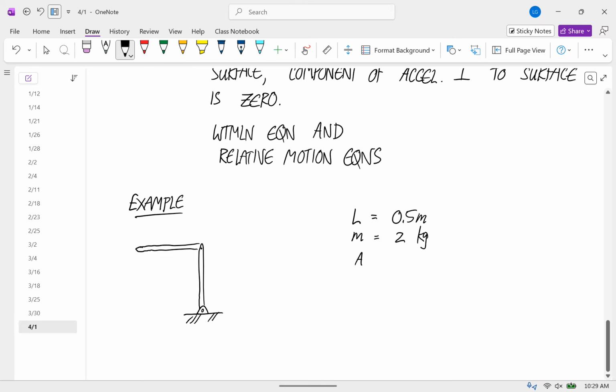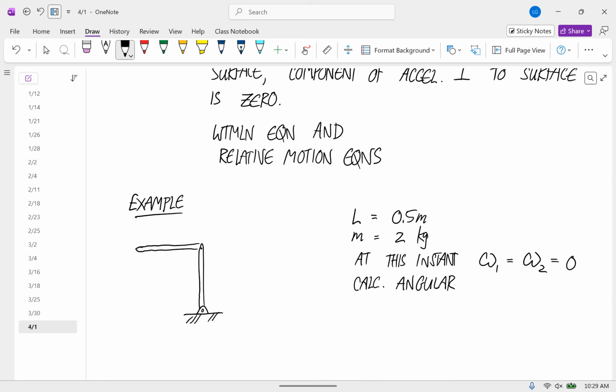At this instant, let's say that it's at rest, so these omegas are equal to 0. And we want to calculate the angular accelerations of each member.